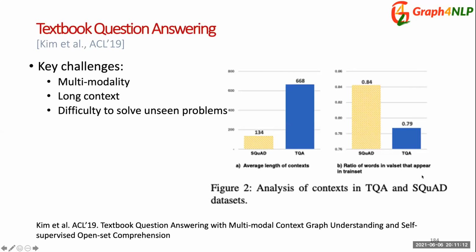Another thing is, if you think about textbooks, one textbook differs from another very significantly, which means that if the machine learns from one textbook, it may be hard for it to apply the learned model to another one. So we're going to see how the authors address the problem of solving unseen problems.